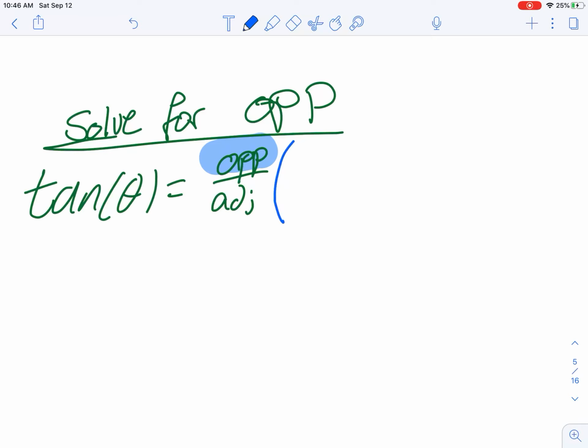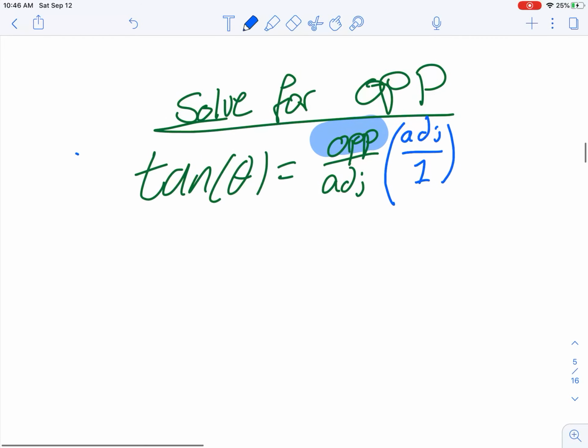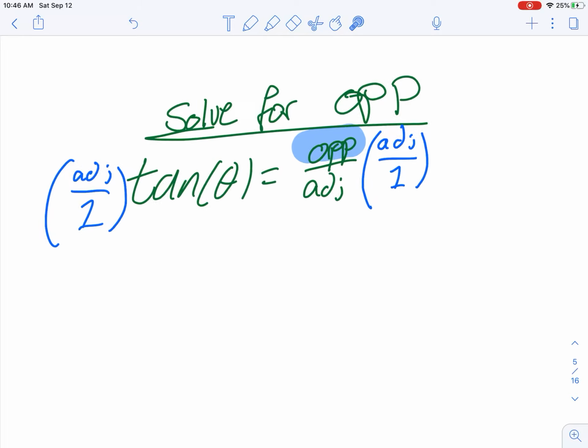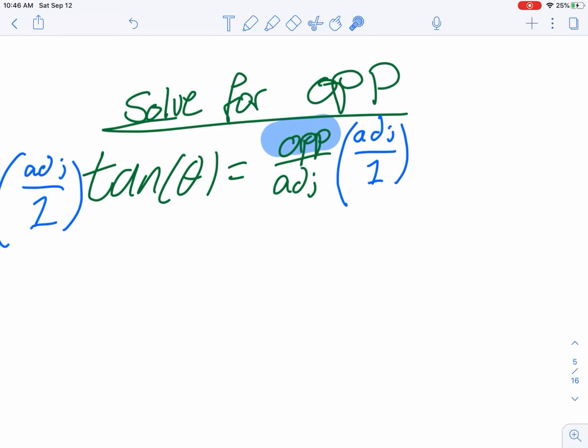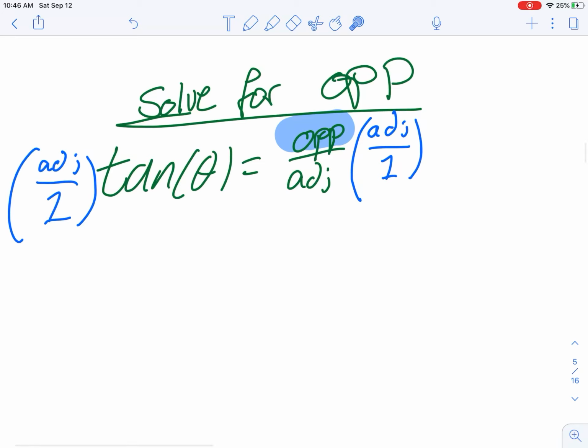If you look here, what we could do is multiply both sides by adjacent over 1. Okay, you don't technically have to put number 1 on the bottom here, but it'll make more sense why we do that once we start solving for adjacent, okay? But anyways, we're going to multiply both sides by adjacent.